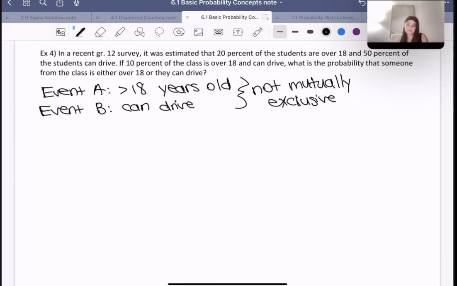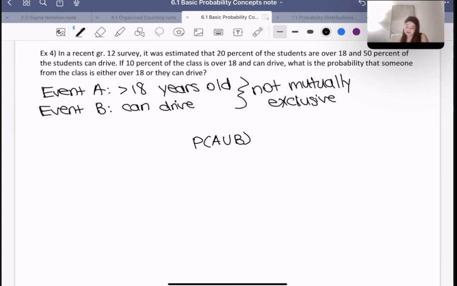Okay, so the fact that they're not mutually exclusive means what? That means we must use the non mutually exclusive equation, which says that A or B, right? We want to figure out the probability that either A is true or B is true, the probability that either someone from the class is over 18 or they can drive, or both potentially.